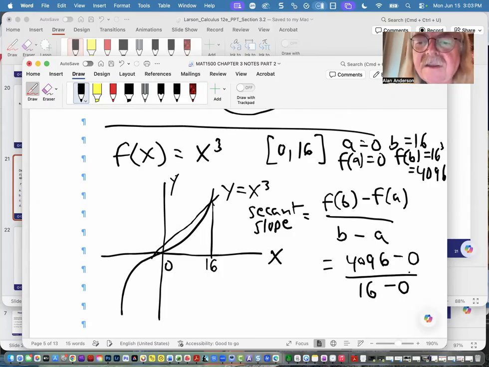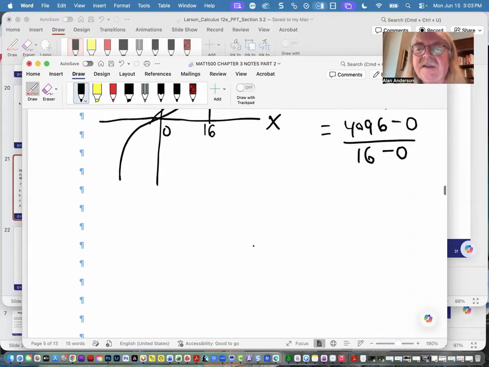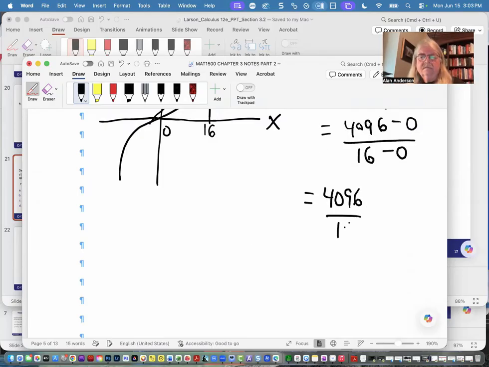So we have 4096 over 16. Probably, yeah, that can be simplified. Let's see. 256, what do you know?